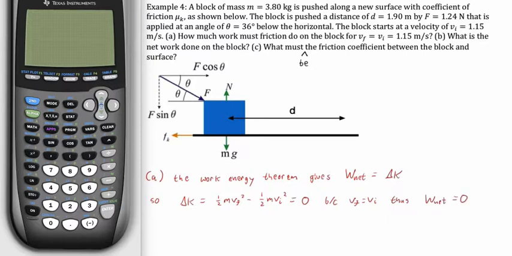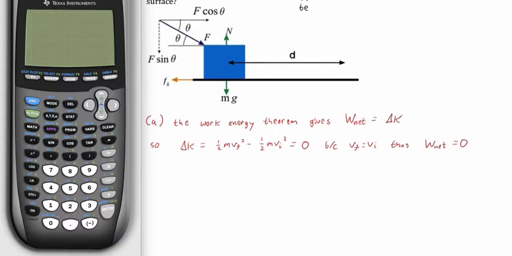Okay, so that's going to be information that will help us solve the problem, because this tells us that the work done by friction plus the work done by pushing equals 0. They have to sum to 0 because there's only two works and two forces. We could get this same result if we thought about the sum of forces in x.